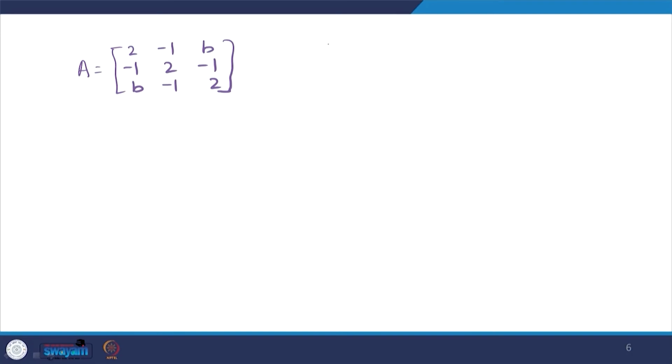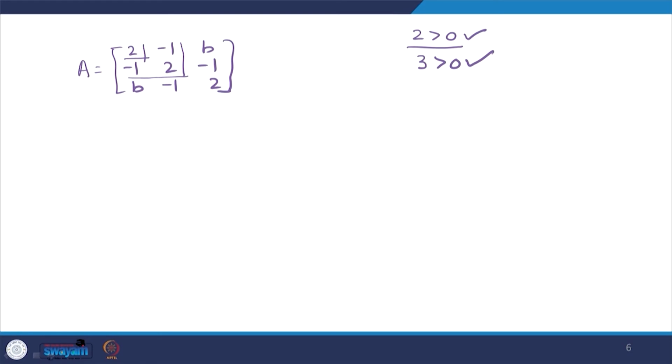So, if you check the pivots, the 1 by 1 is 2, so no issue. Another pivot is 3, which is again positive, so no problem. Now what we need to do is see the determinant.